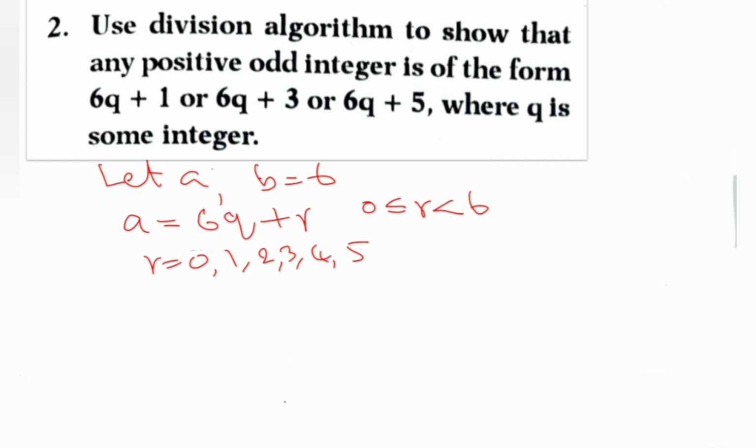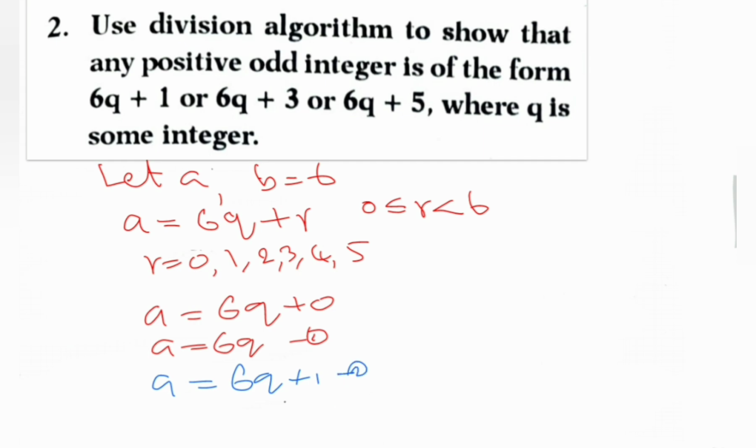Now a can be written as a equal to 6q plus 0, that means a equal to 6q. This is number 1. a is equal to 6q plus 1.